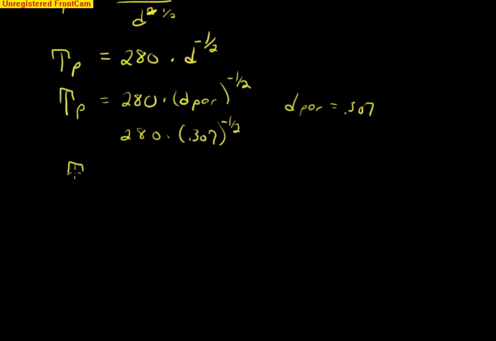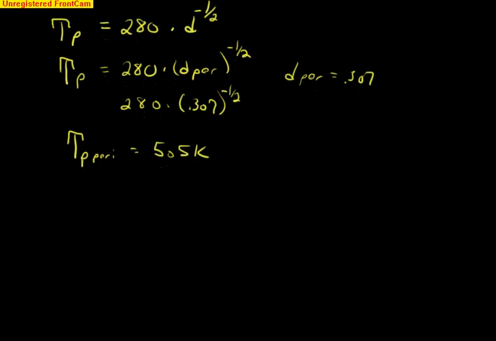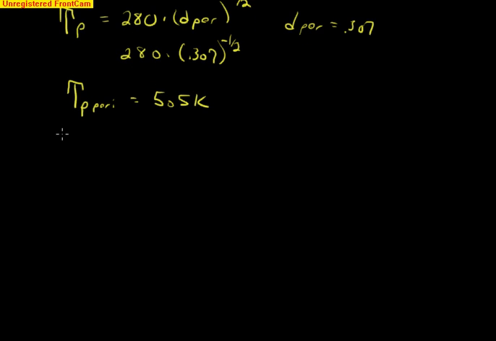That gives us our temperature of our planet at perihelion is equal to 505 Kelvin. It's a little bit different than the slides answer, but there was a lot of different conversions and rounding going on here.